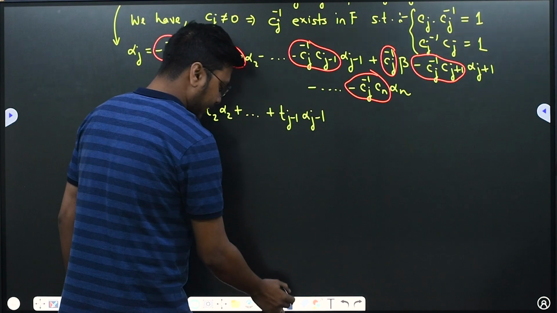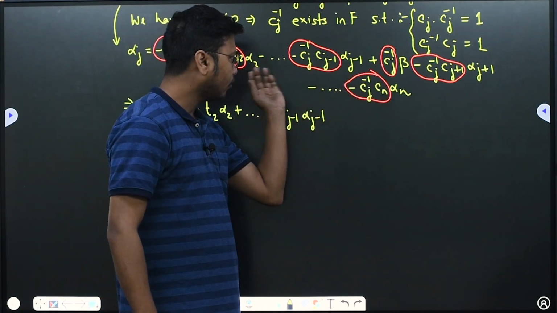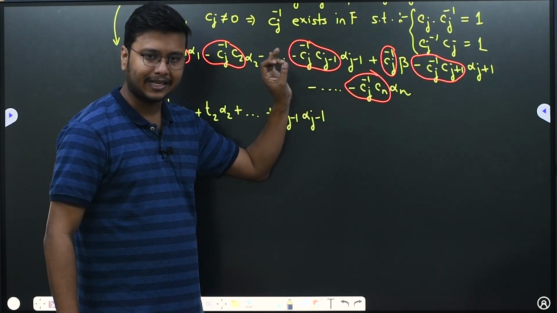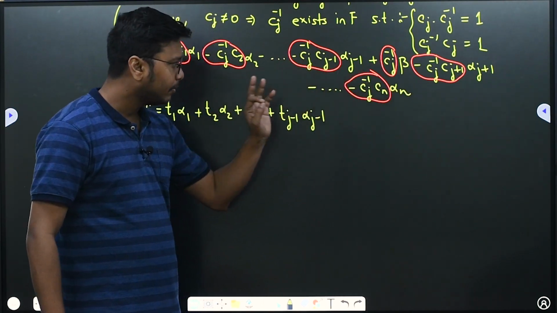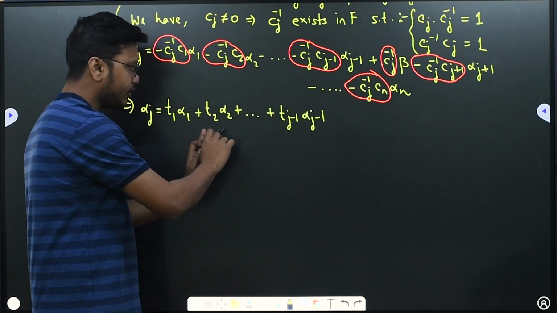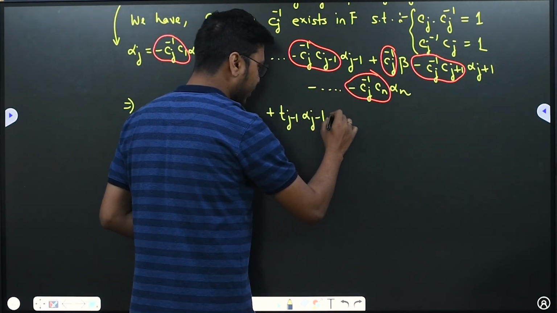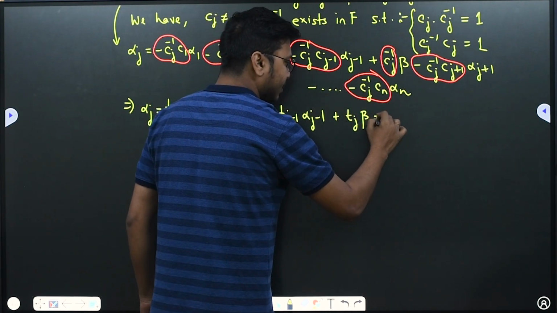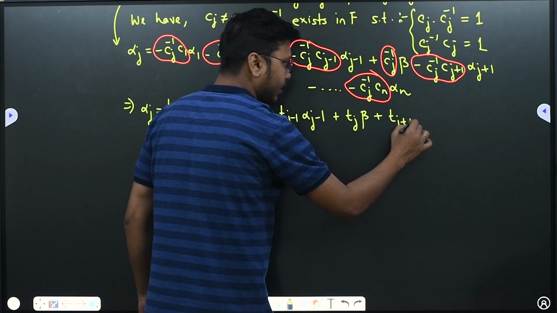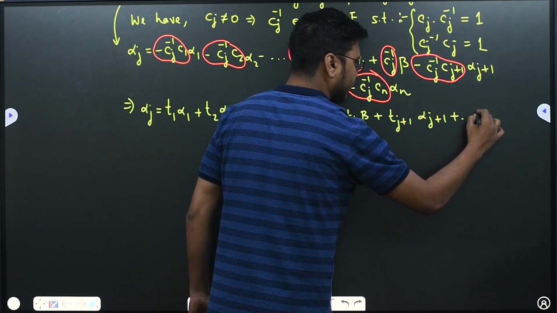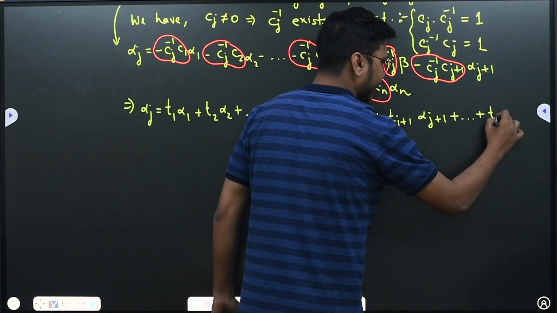And then this is a little bit different. All the constants are in a certain pattern, only cj inverse is not matching that pattern, the coefficient of beta, but still we are going to call this element as per the naming we are following, T1, T2, Tj minus 1. So the next one should be Tj, so Tj beta plus Tj plus 1 alpha j plus 1 plus, the last one would be Tn alpha n.